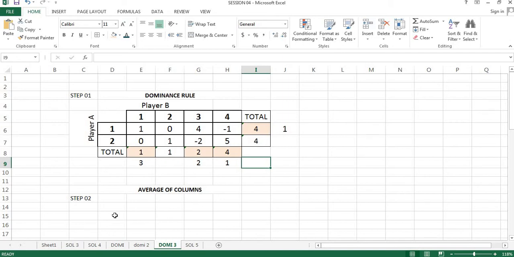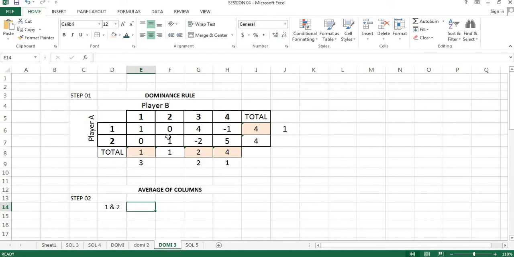So finding the average of columns, we have the first two columns' average, which must be compared with 3 and 4, that is 1 and 2. So 1 and 2 average must be identified.